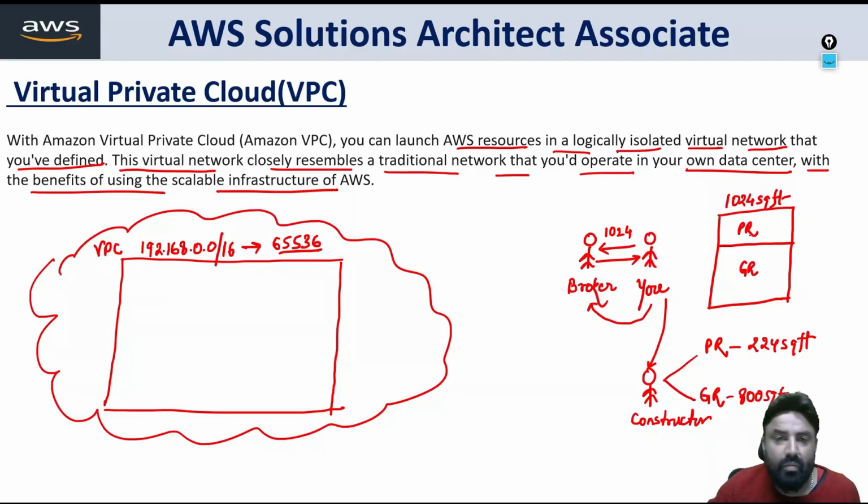Now what is a personal room? Where you keep your personal things. You don't want the public to come. You don't want your friends, your relatives to come to your room. It's your personal area. And what is a guest room? Where you keep the things which you want to show to the public. So in your guest room you keep decorative items, because you want the people who are coming to your home to see how beautifully you decorated.